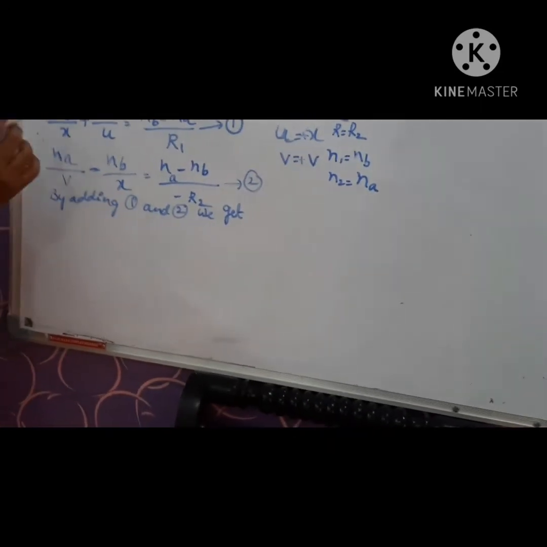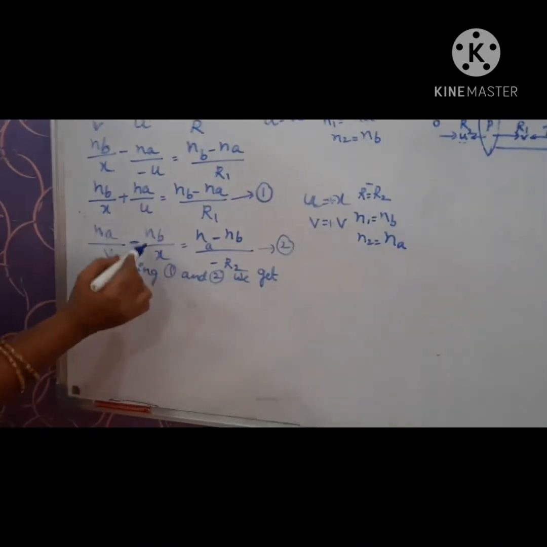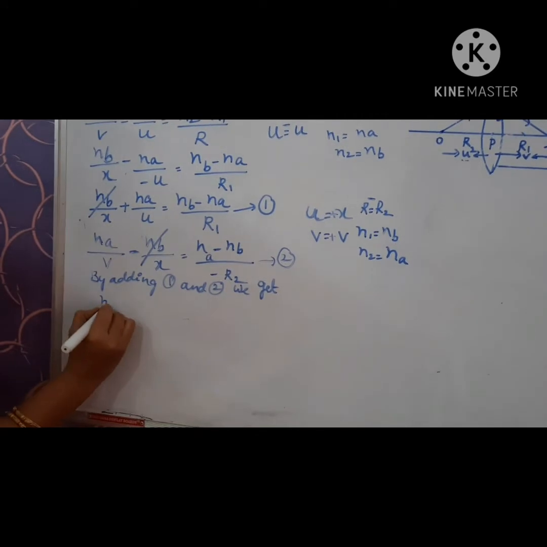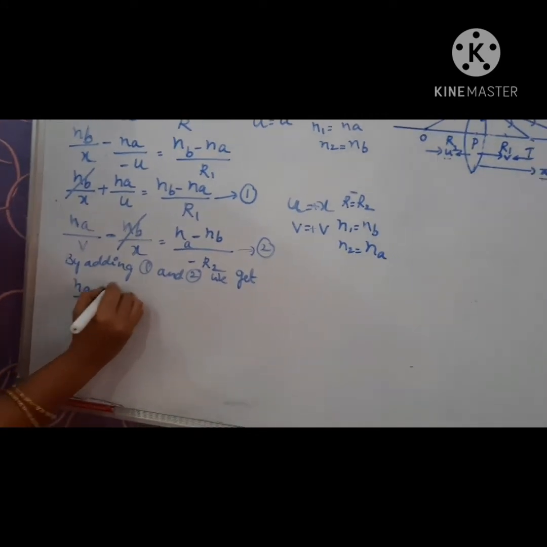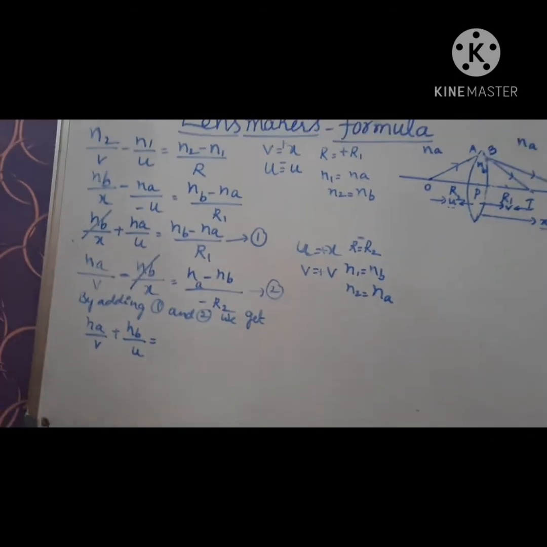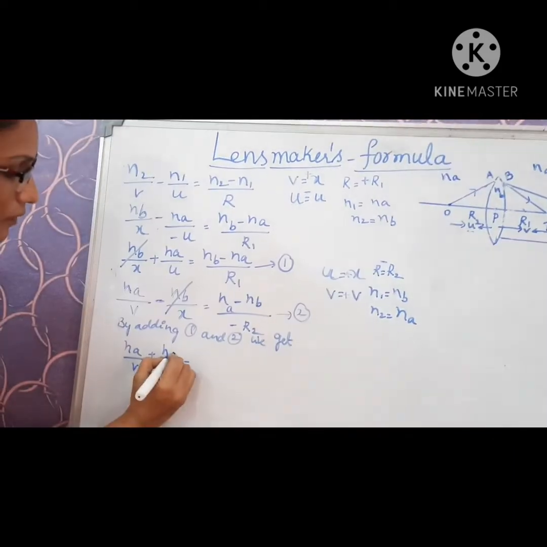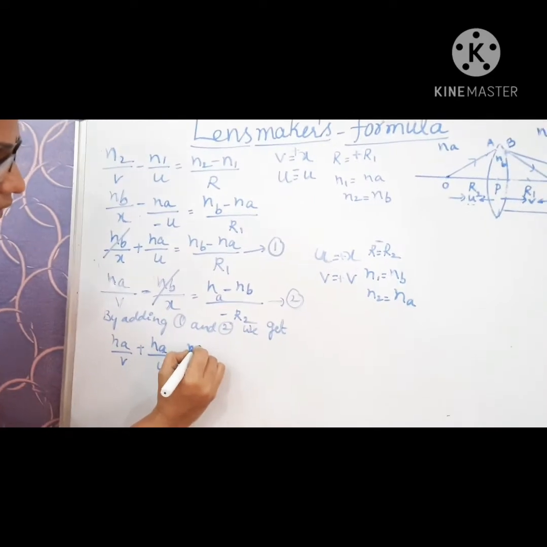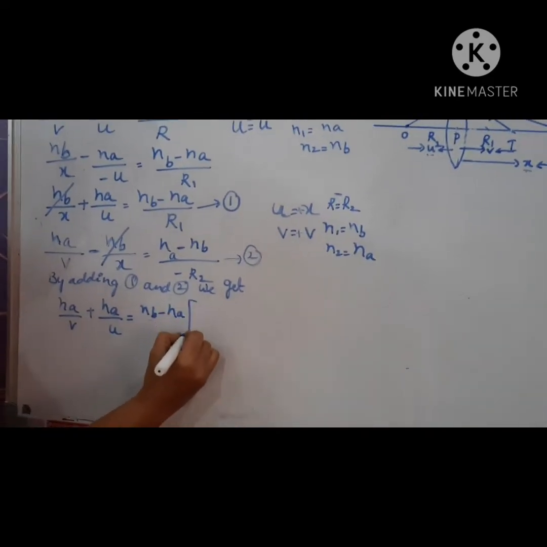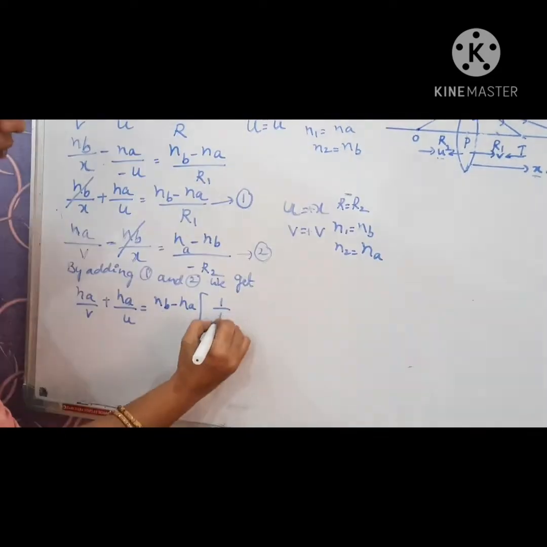Nb by X plus Nb by X, here minus Nb by X, both will get cancelled. And what else? Na by V plus Nb by U is equal to, sorry, Na by U is equal to, here we have to take the common Nb minus Na, so then we will get 1 by R1.